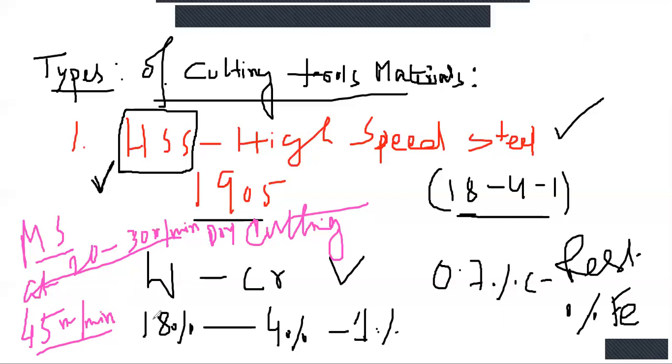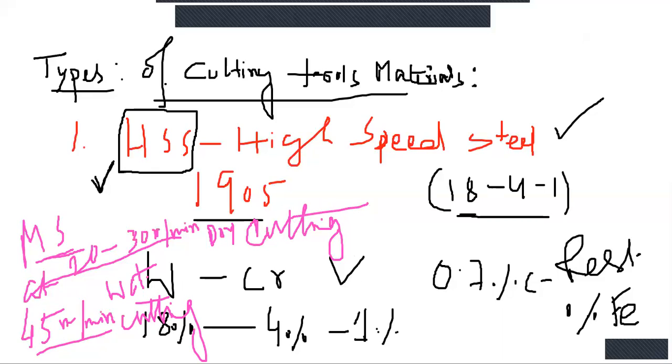So if we use coolant, the HSS tool cuts MS material at 45 meters per minute. This is the basic information, a short summary of the HSS tool.